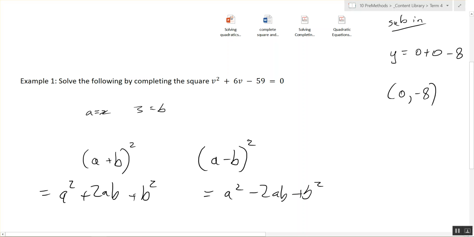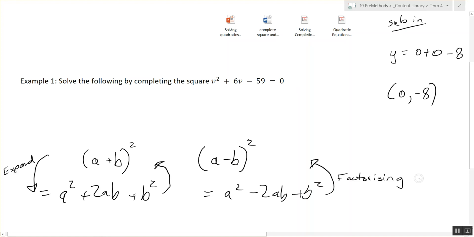Okay, it's just saying when you have a number plus a number, it expands to this, and a number minus a number expands to this, or the other way around, it factorizes to that. Okay? So it's really key that you understand this first thing, because when we complete the square, you have to go from there to there.